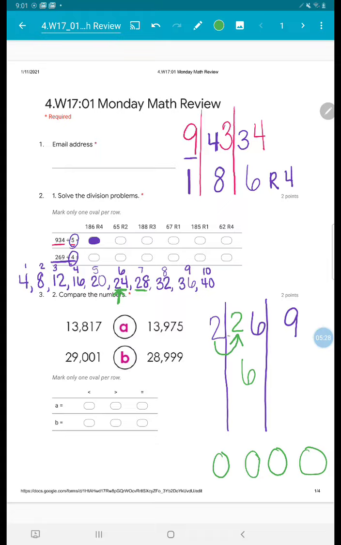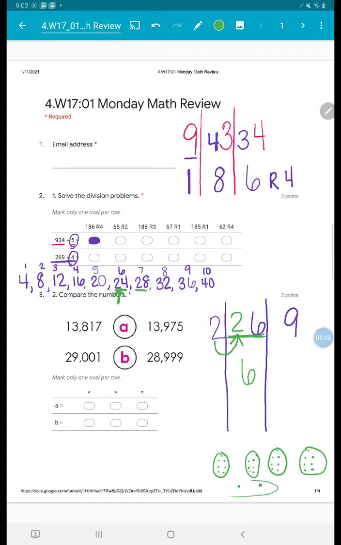So remember, we have 26 things to divide into 4 equal groups. So 1, 2, 3, 4, 5, 6, 7, 8, 9, 10, 11, 12, 13, 14, 15, 16, 17, 18, 19, 20, 21, 22, 23, 24, 25, 26.